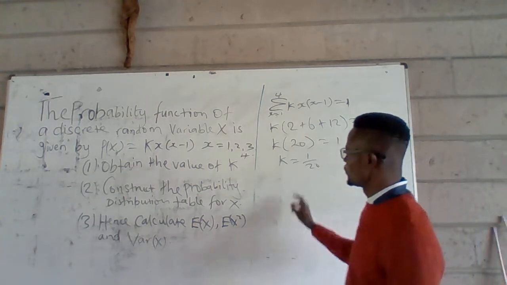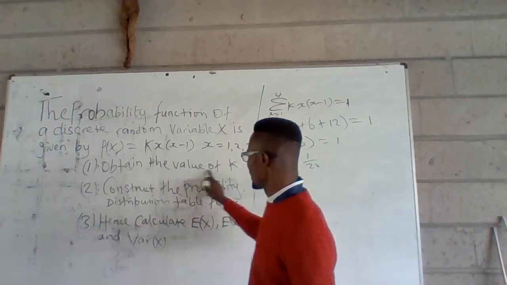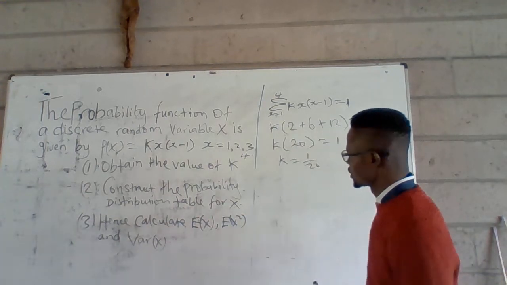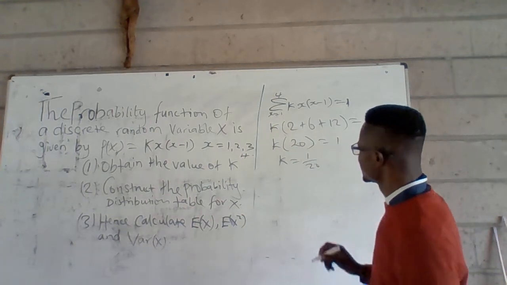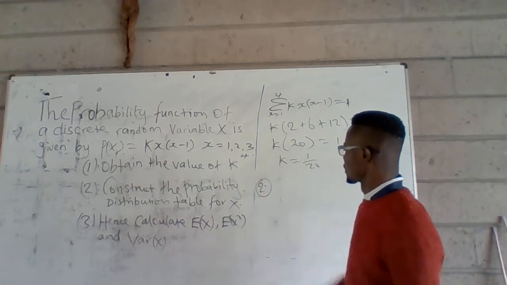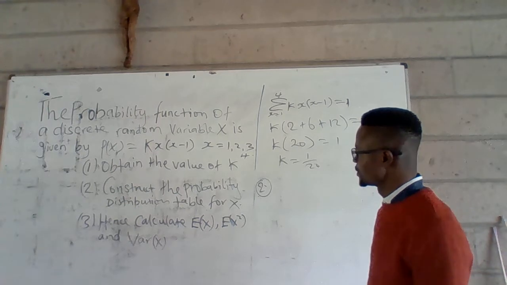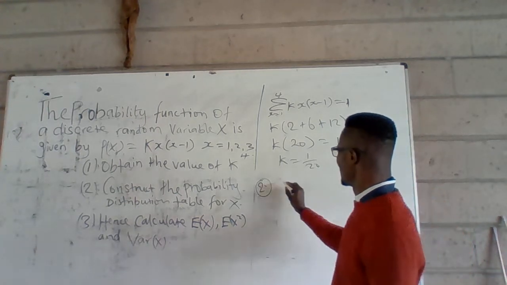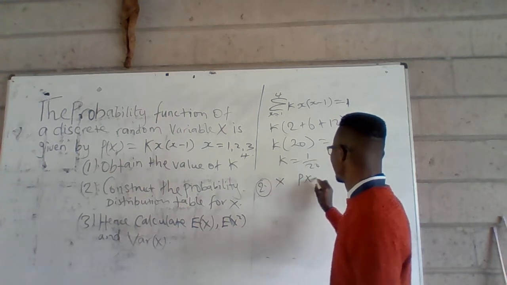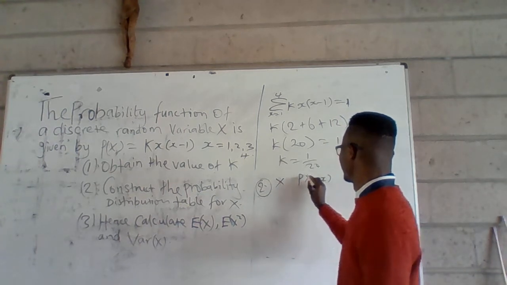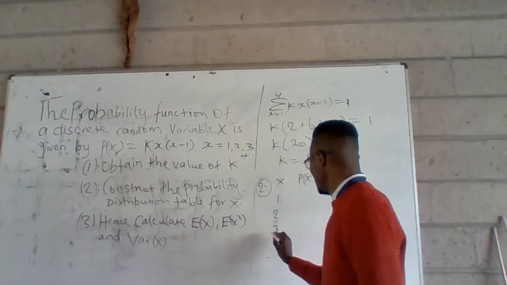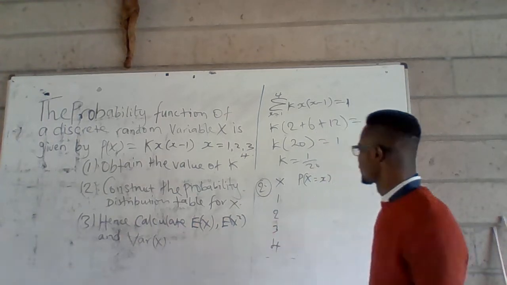So now that we have found the value for k, we need to construct the probability distribution table. So the probability distribution table will be question number 2. We will have our x and then our probability of x. And x, we know, is 1, 2, 3, and 4.